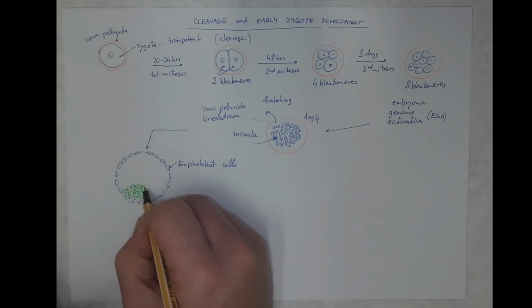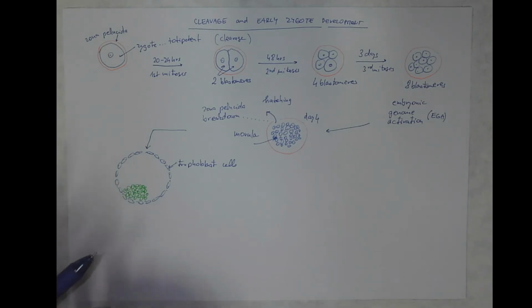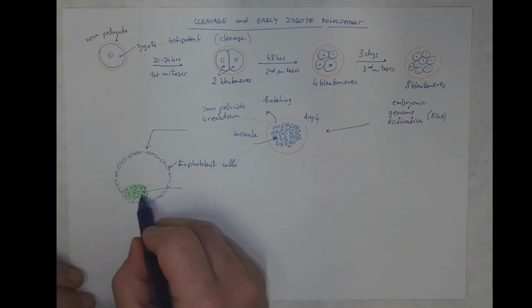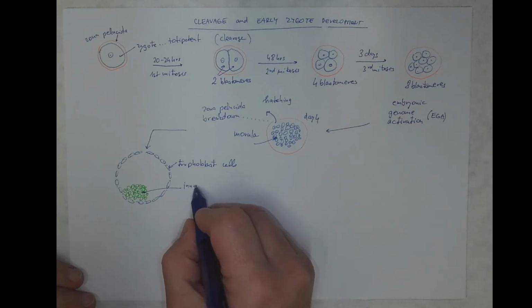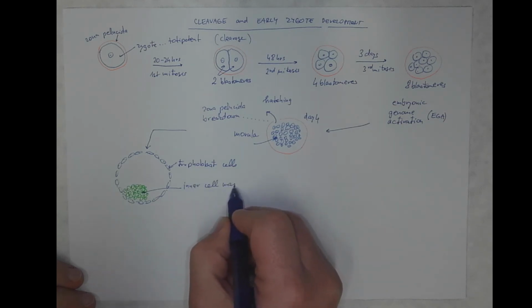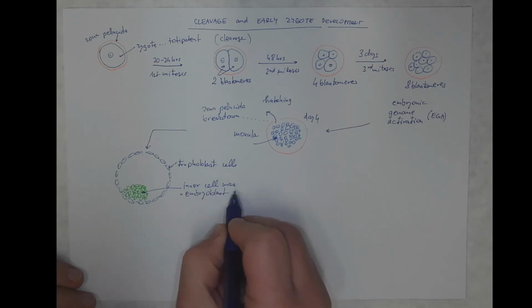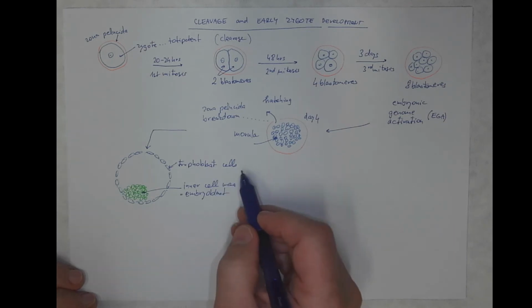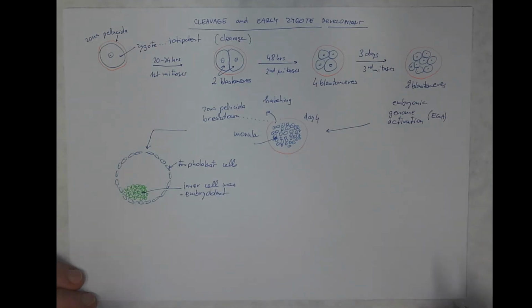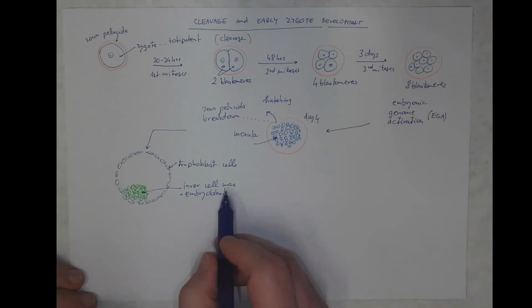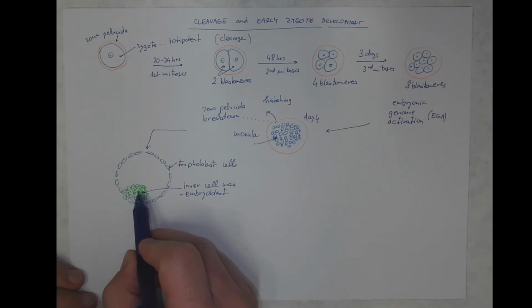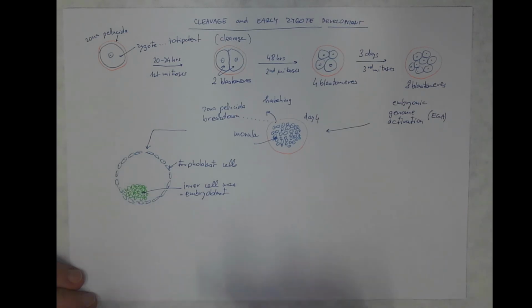The developmental fate of these two different cell populations will vary. So this is the inner cell mass, also known as the embryoblast. From the trophoblast, the extra-embryonic tissues like the placenta and so on will be formed. Within the embryoblast, the cells that will form the human body itself will differentiate.